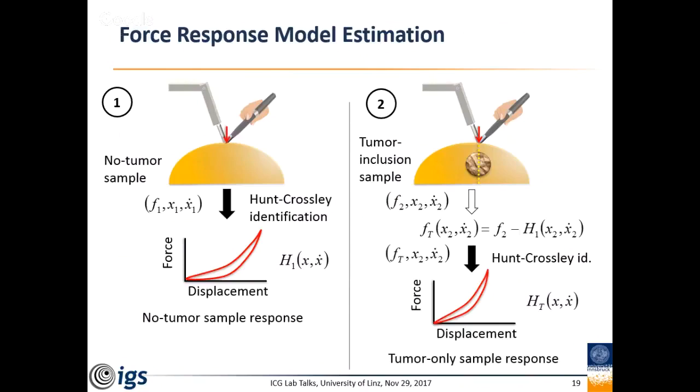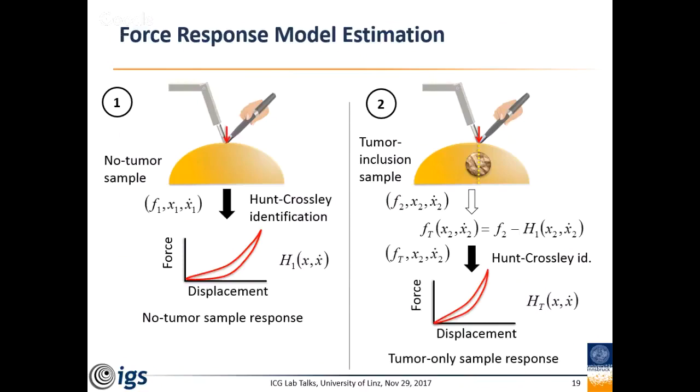And again, we get forces, positions, and velocities. Now we assume that these forces are a mix of the tumor contribution and the whole homogeneous object. That's why we subtract from the forces that we measure the forces from the previously identified model. So we hope to only keep the forces that characterize the tumor.